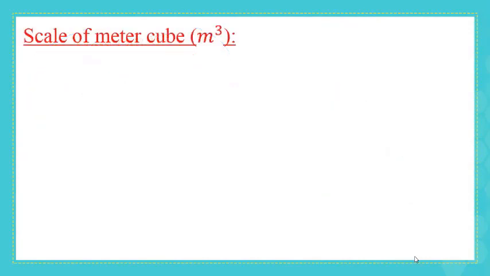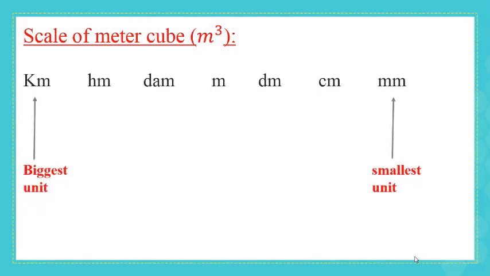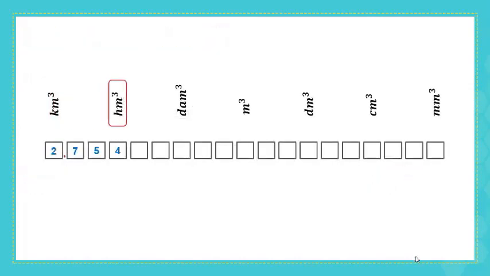We will use the scale of meter cube. The scale of meter cube starts with kilometer cube, which is the biggest unit, and it ends with millimeter cube, which is the smallest unit. If we want to convert 2.754 from kilometer cube, the biggest unit, to hectometer cube, we have one jump, so we multiply by 1000.